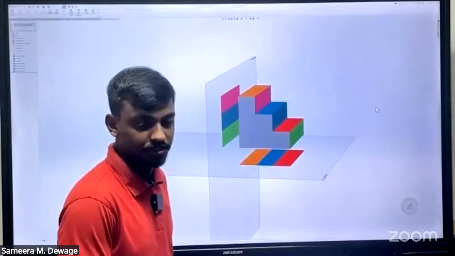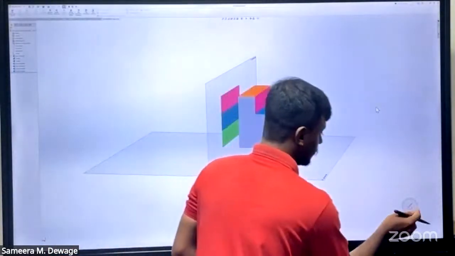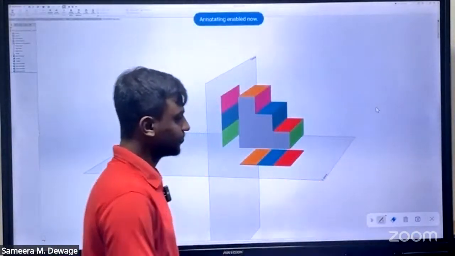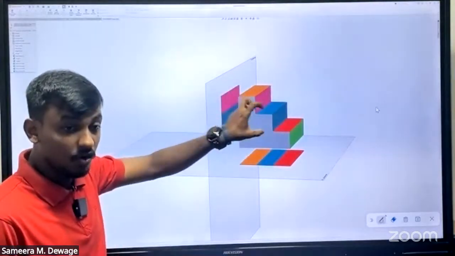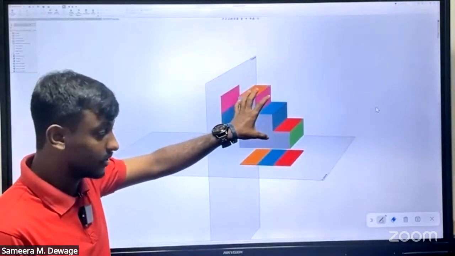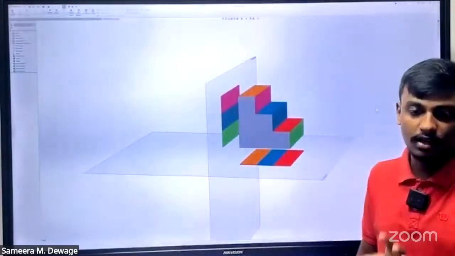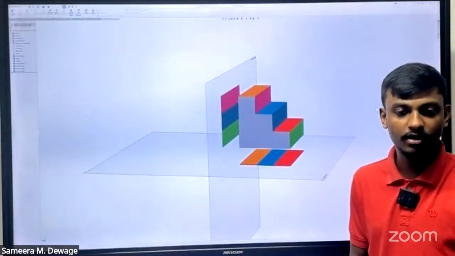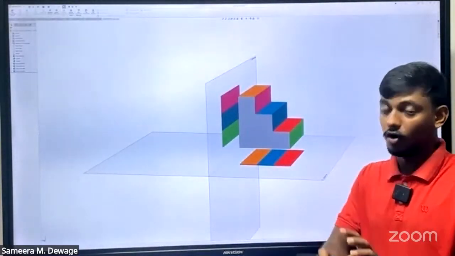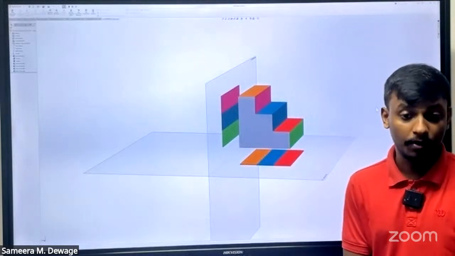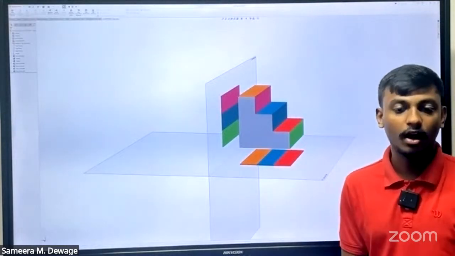We place our object on the first quadrant, and we view the object perpendicularly from different directions. That view we draw on our graph paper.